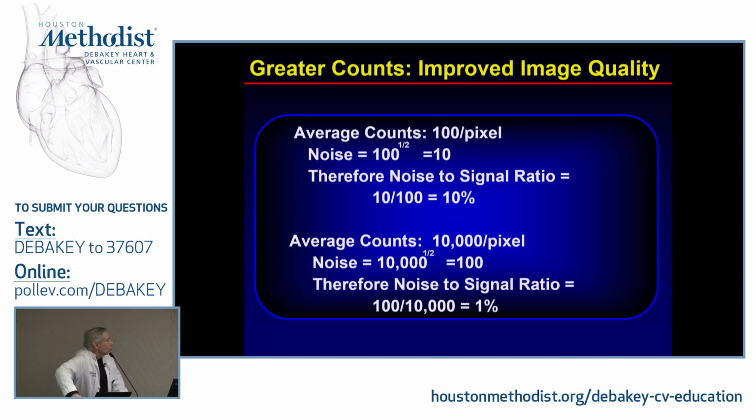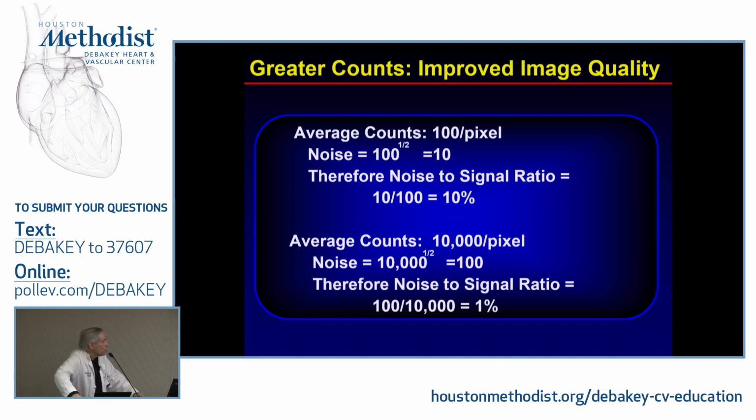Okay? So there's a simple equation. Basically, the noise is 1 over the square root of the total number of counts or particles that you might have. So if you have an average 100 counts per pixel, the square root of that is 10, so you're going to have 10% noise.